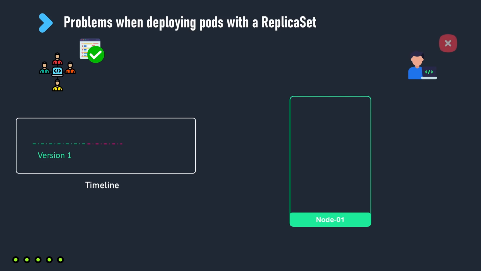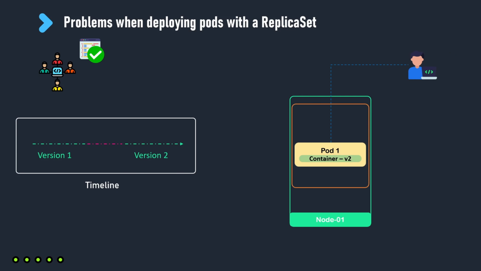And finally, we recreate the replica set to deploy a specified number of pods running the new version of our application. The problem here is that between the deletion of the pods running the old version and the creation of the new pods running the new version, there will be a downtime when there is no pod to serve the users, and this can affect the user experience.